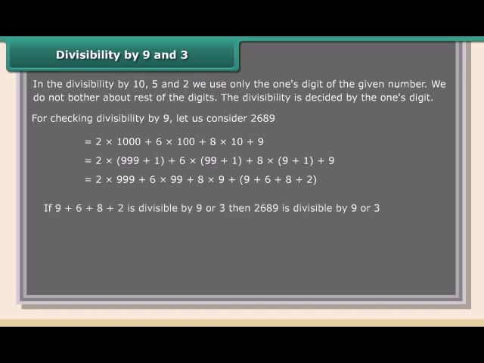If 9 plus 6 plus 8 plus 2 is divisible by 9 or 3, then 2689 is divisible by 9 or 3.